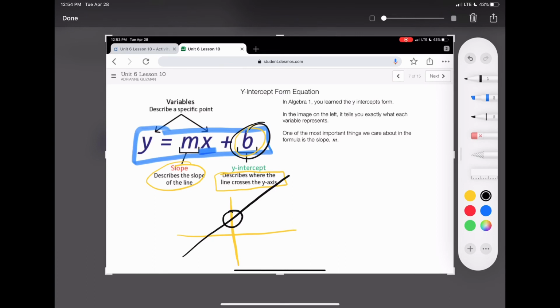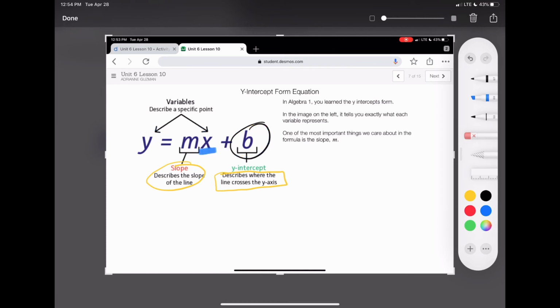So in Algebra 1, you learn the y-intercept form. In the image on the left, it tells you exactly what each variable represents. One of the most important things we care about in this formula is the slope m. So with all this being said, I would probably write this down. One of the most important things for this lesson is knowing that this here is your slope, right next to your x value.